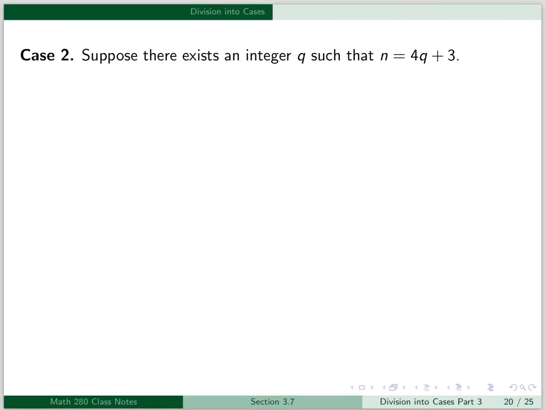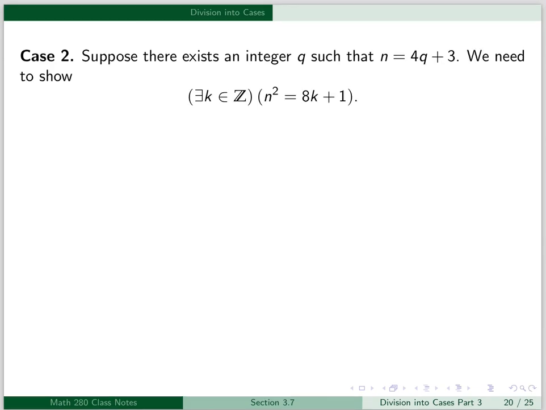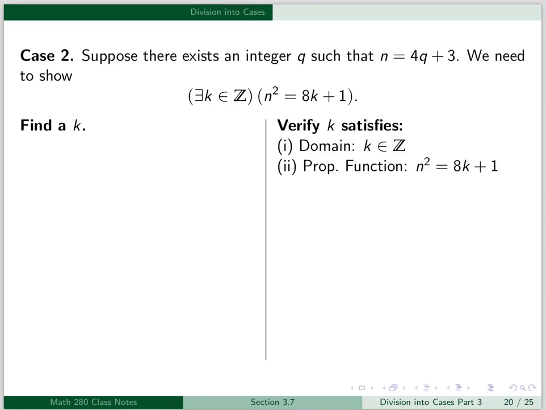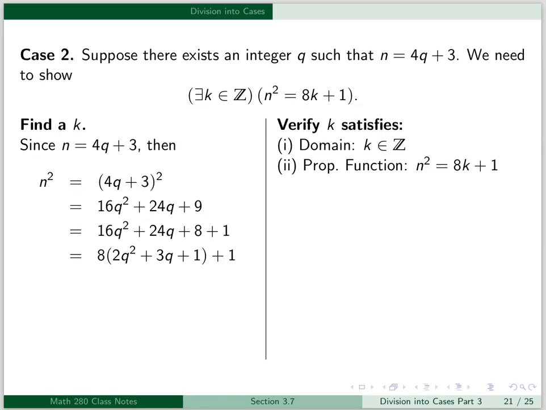For case 2, we suppose there exists an integer q such that n is equal to 4q plus 3. We need to show there exists a k in Z such that n squared is equal to 8k plus 1. So we'll set up our two columns for our existential proof. For this case, since n is equal to 4q plus 3, then n squared is 4q plus 3 quantity squared, which is 16q squared plus 24q plus 9.